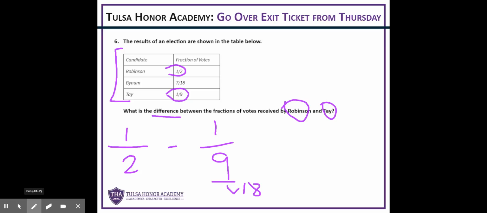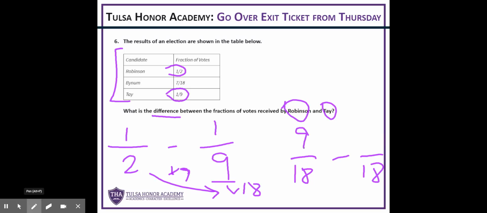So to get 1/2 to 18, we're going to write it over 18 minus over 18. So 2 to 18, you have to multiply by 9. So then 1 times 9 is 9 minus, and then over 18.